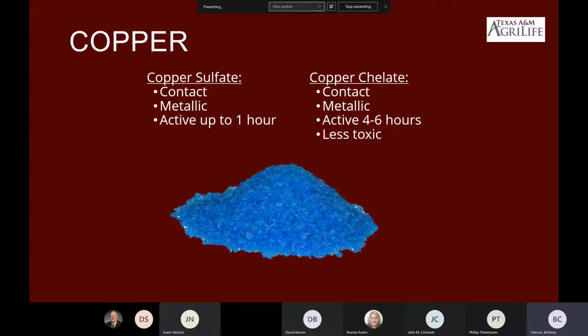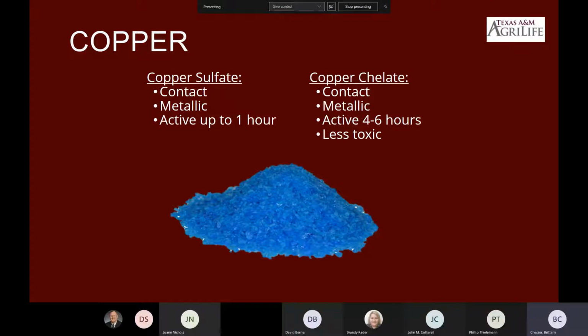But chelated copper is combined, or chelated, with other compounds to keep it suspended and active in the water longer, for about 4 to 6 hours. Copper sulfate, on the other hand, is only active for about an hour, and that's if it's applied correctly as well. I like to put this because a lot of people ask me whether or not applying copper to their pond is going to kill their fish. Is it toxic?